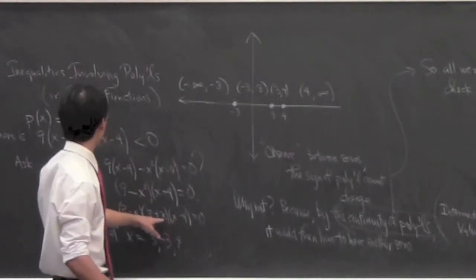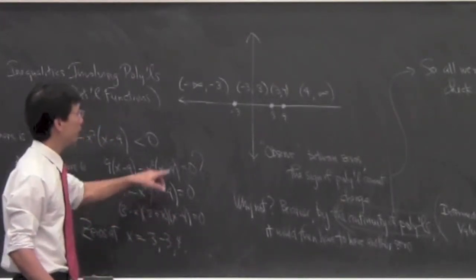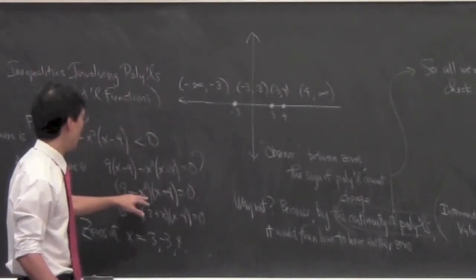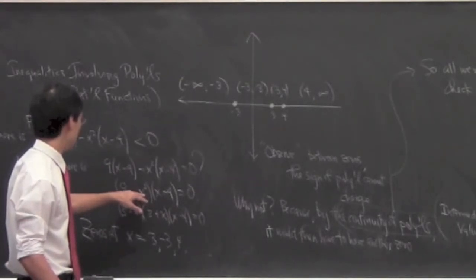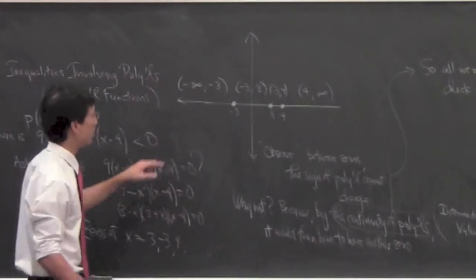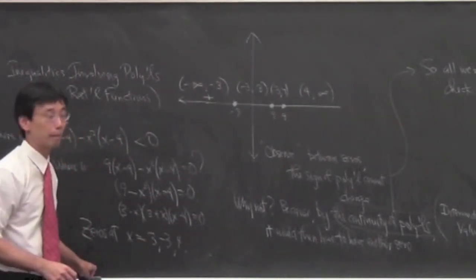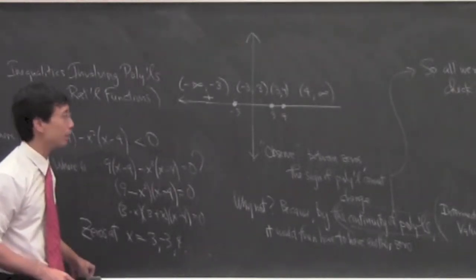And so we say, well, look, for a gigantic negative number, we're going to get a negative number times a negative number, and so it's positive here. Right? You guys see that?